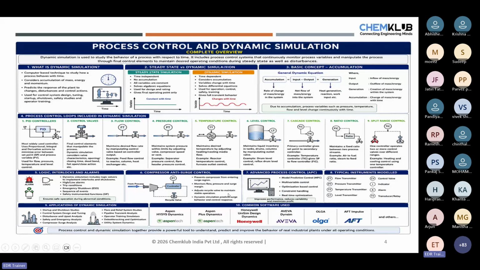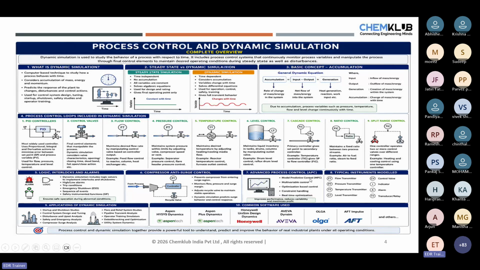Then we have advanced process control, APC, which sits upon the normal process control and takes overall charge of how the process can be optimized. Not just safe operation, but it can be optimized from the energy point of view and from the operating cost point of view, how we can operate that plant.